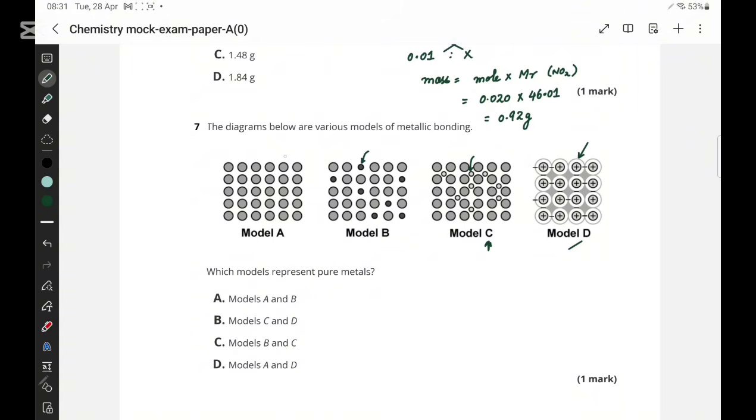But model A, if you see model A, they are arranged in a regular lattice type structure, and you can see it also represents the metallic bonding, they both are representing an alloy. So our answer is going to be A and D. Option is going to be D.